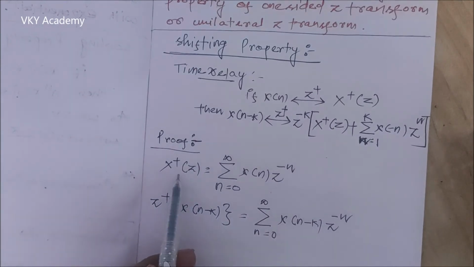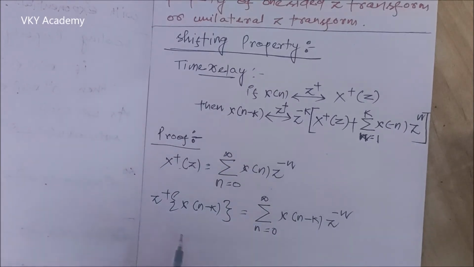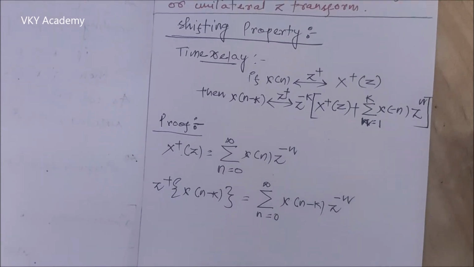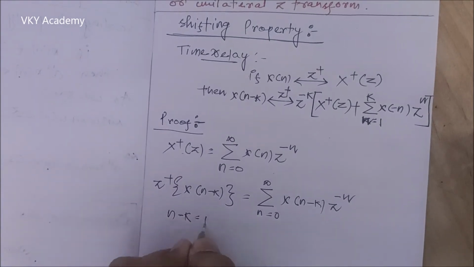As we know, the one-sided Z transform X plus z is equal to summation n equal to 0 to infinity x of n z to the power minus n. Now if our sequence is x of n minus k, then the Z plus transform of x of n minus k will be summation n equal to 0 to infinity x of n minus k z to the power minus n. Let us assume n minus k is equal to p, a new variable p.